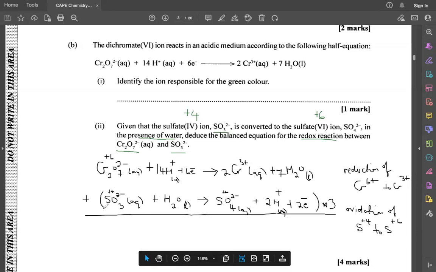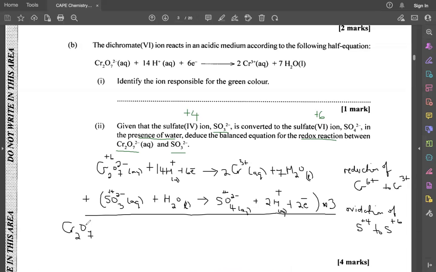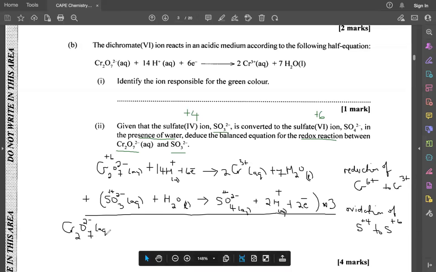And so what we'll end up with when we add them together is Cr2O7 2- aqueous, plus 3SO3 2-.